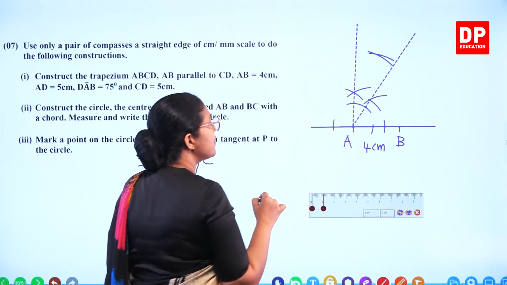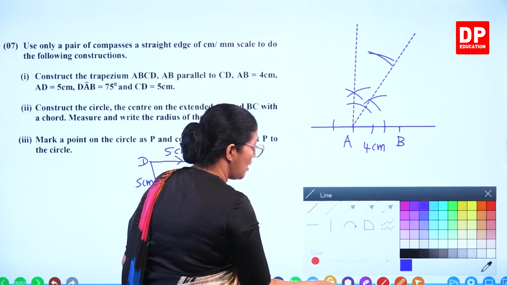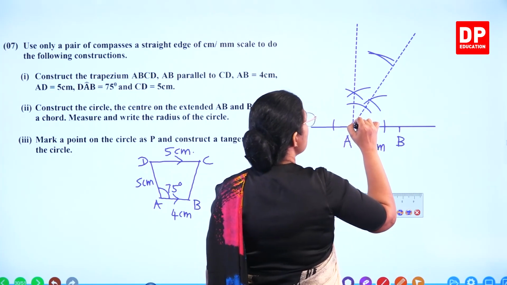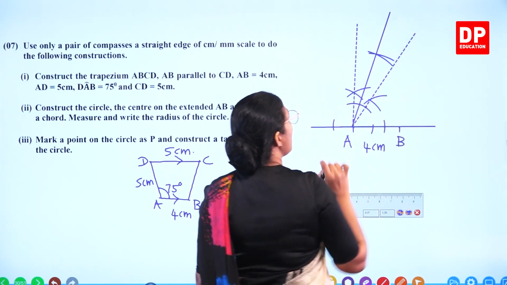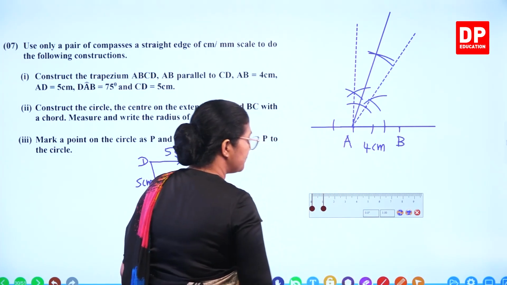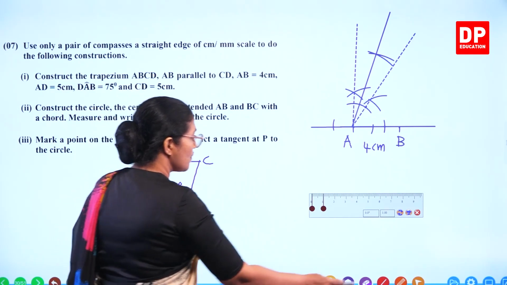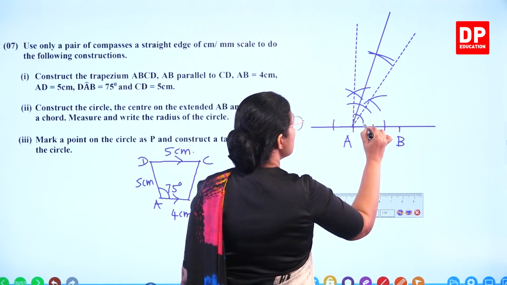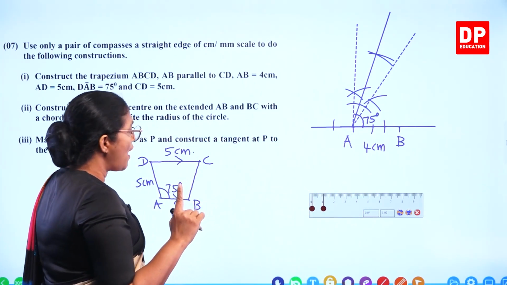Bisecting angle 30. Now I can take the continuous line. Now I have already drawn 75 degrees. I can connect. That's 75 degrees. 60 plus 15. Then what is the next one? So we'll mark it. This is 75. Then AD is 5 centimeters.